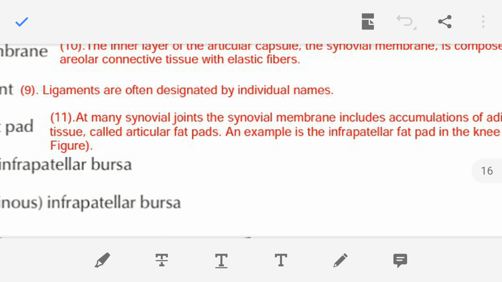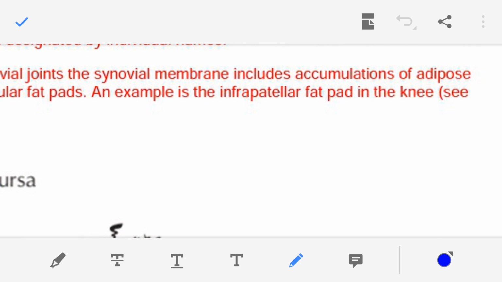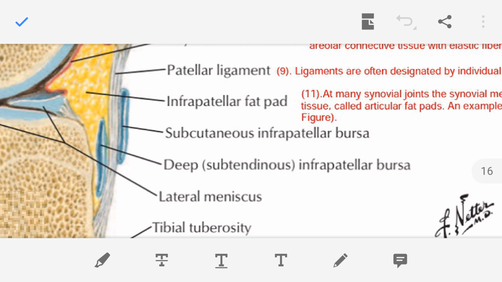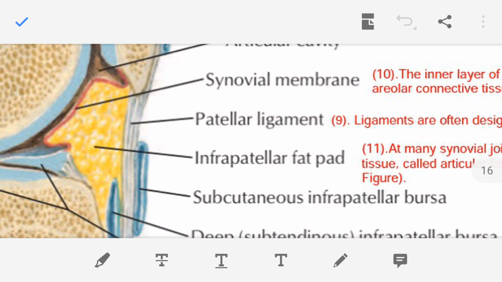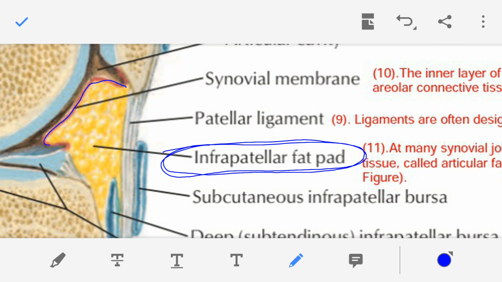One example is the infrapatellar fat pad in the knee joint. Here with the yellow color, the infrapatellar fat pad is shown, and this is the synovial membrane.